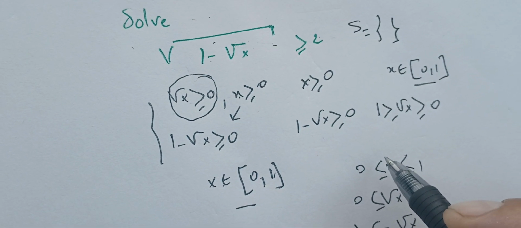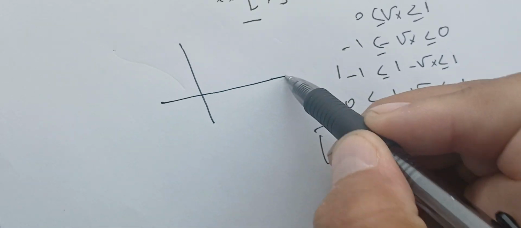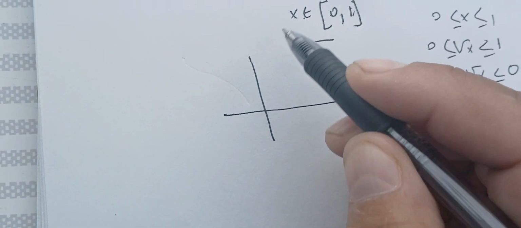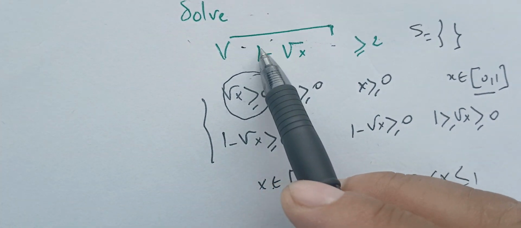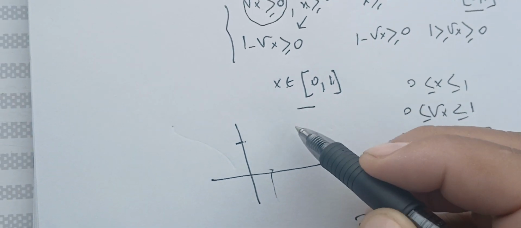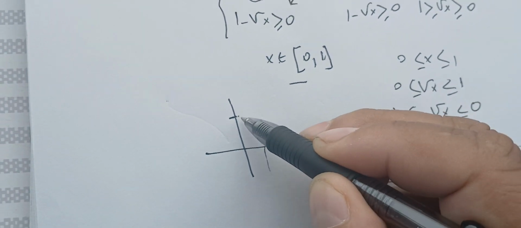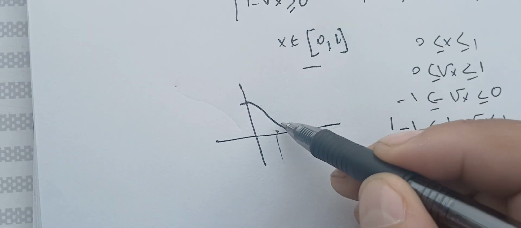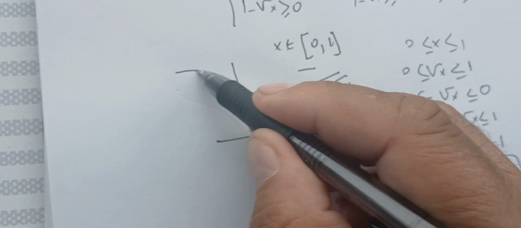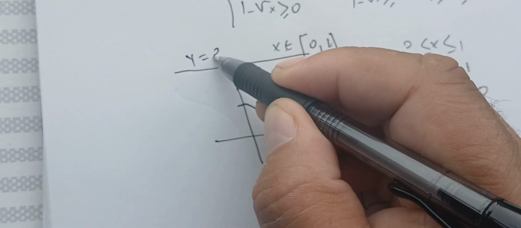If you are not convinced, and if you have a calculator, you can do it this way. A sketch of the square root of 1 minus square root of x. When x is 0, it's going to be 1. When x is 1, it's going to be 0. So it's going to look something like this. So this is our function, and let's say this is y equals 2.